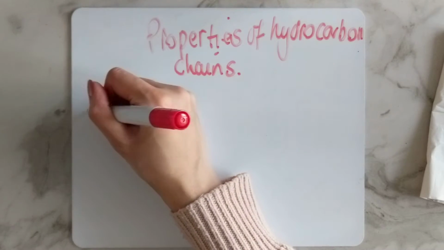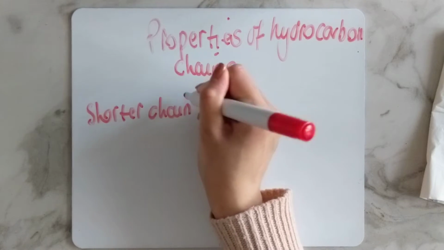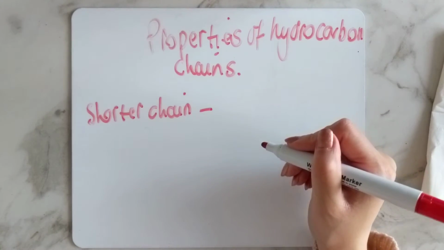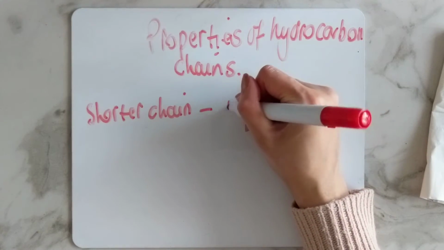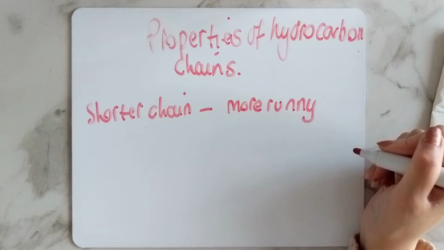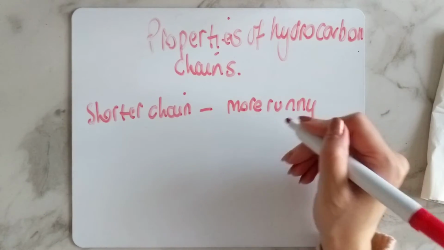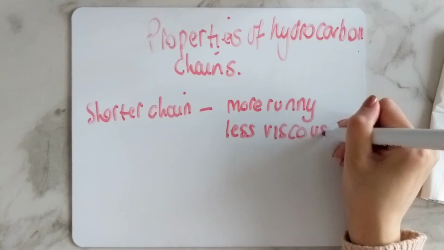So the shorter chains, so we're talking about the chains with maybe 2, 3, 4 carbons in it, are more runny, so they're more liquidy. They are less viscous, and all that means is less gloopy.